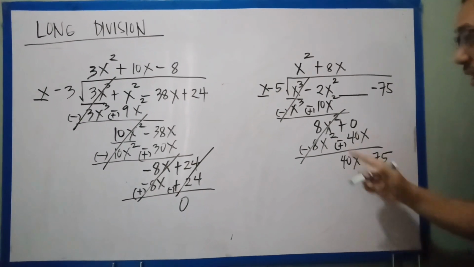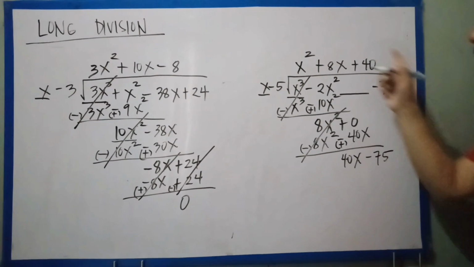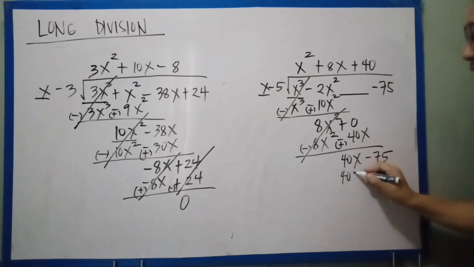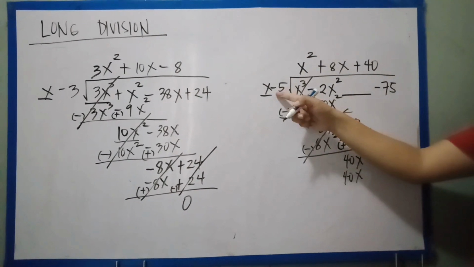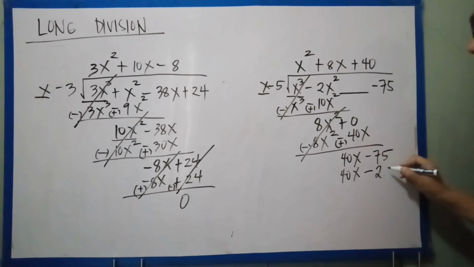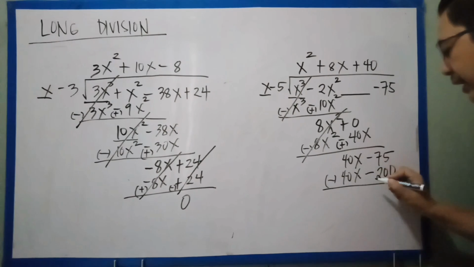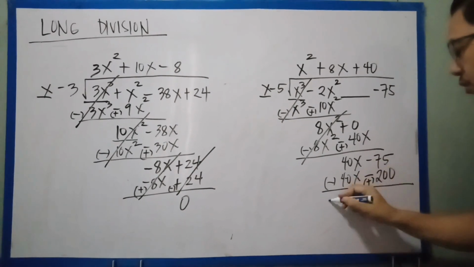Okay, then 40x divided by x is positive 40 times x is 40x. Then 40 times negative 5 is negative 200. Okay, so change the sign of the subtrahend. So cancel.